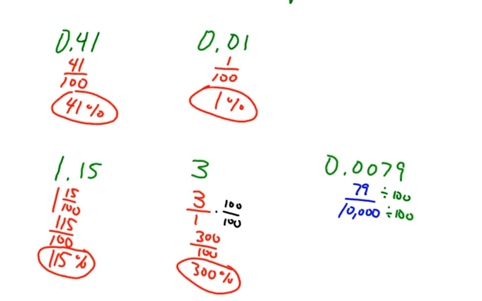So this is going to be 0.79 over 100, right? So it's less than 1%, so it's 0.79%. Don't confuse that with 79%. This is less than 1%.